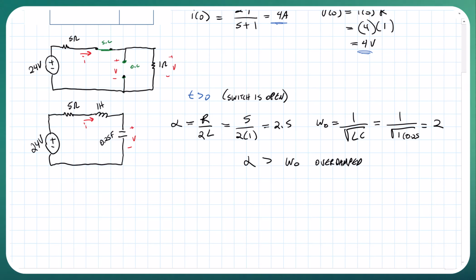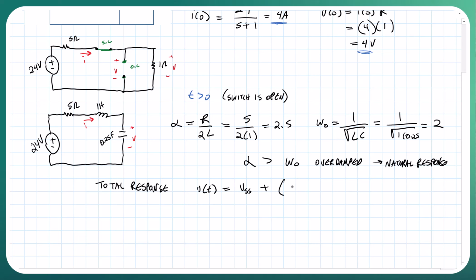for the natural response, and the total response, so this is the natural response, and then the total response is going to be V of t equals V steady state plus our transient here.